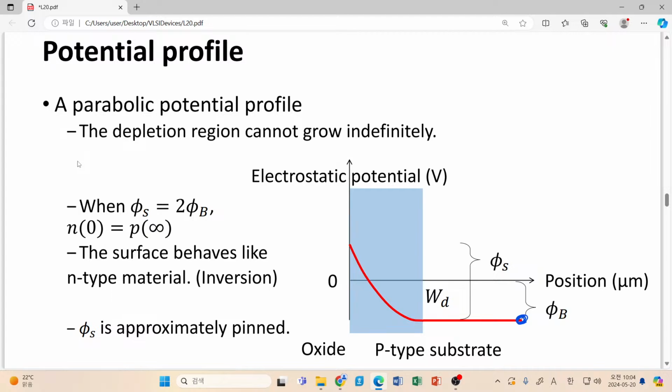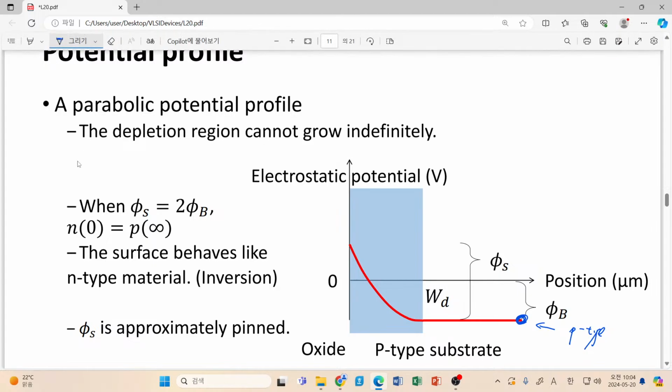The reason why we have a negative value is that this is a p-type layer. In order to have many holes, we must have negative potential here. If we go this way, beyond our depletion layer, the net charge density is assumed to be just 0, so everything is quite homogeneous.